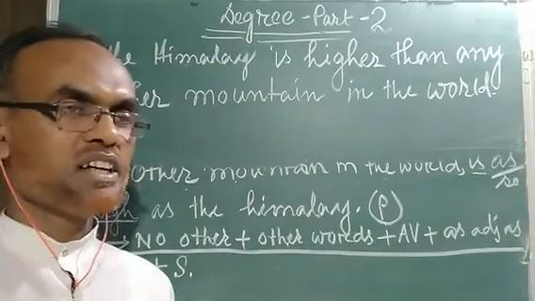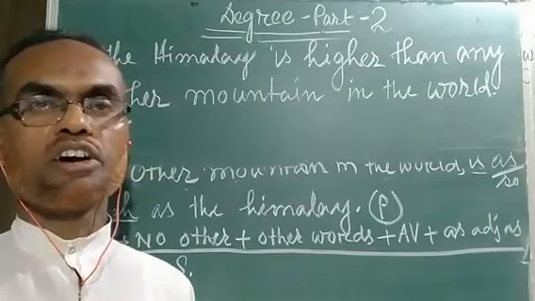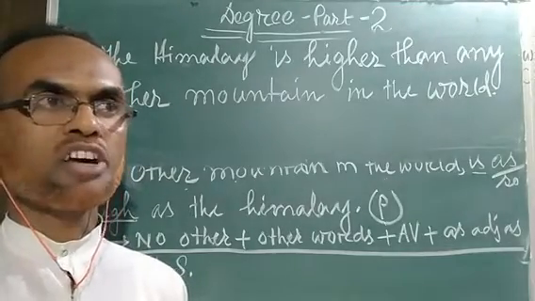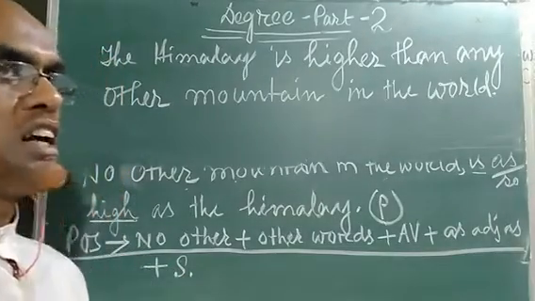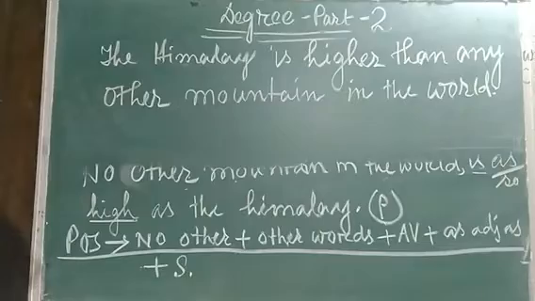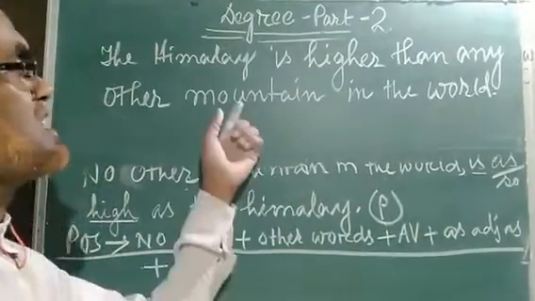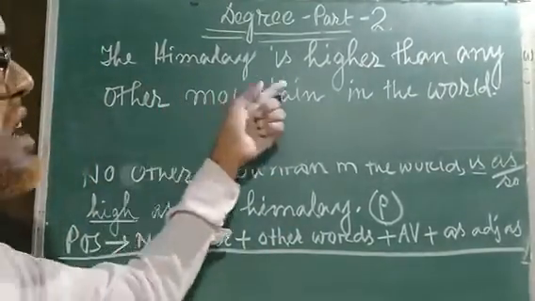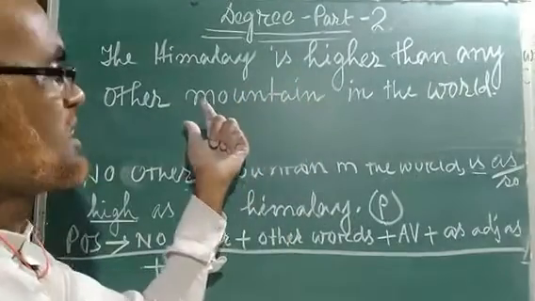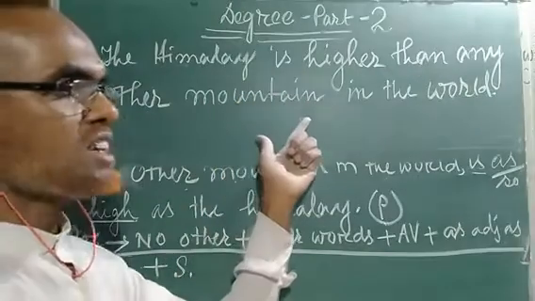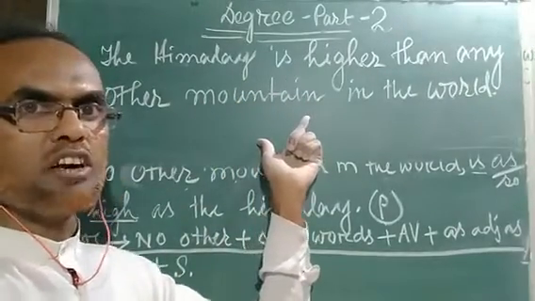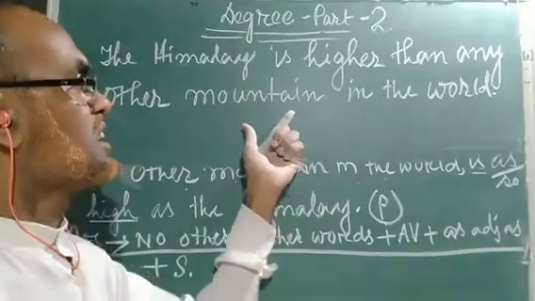The superlative degree was: The Himalaya is the highest mountain in the world. That is, Himalaya सबसे ऊंचा mountain है in the world. In this sentence, Himalaya is higher than any other mountain. What does the meaning of this sentence indicate?